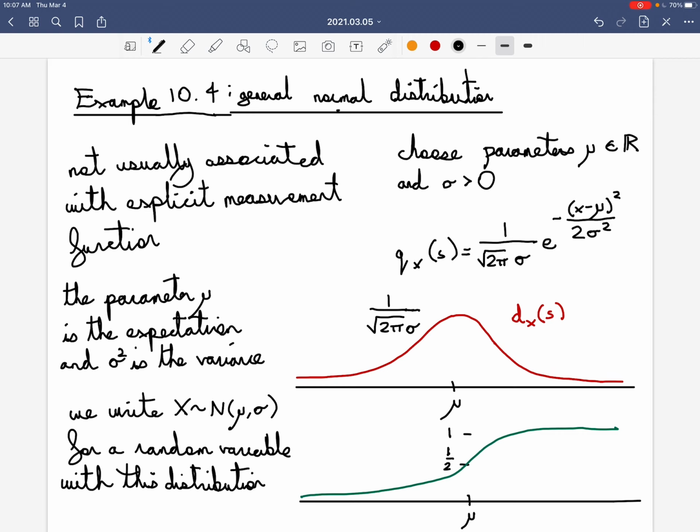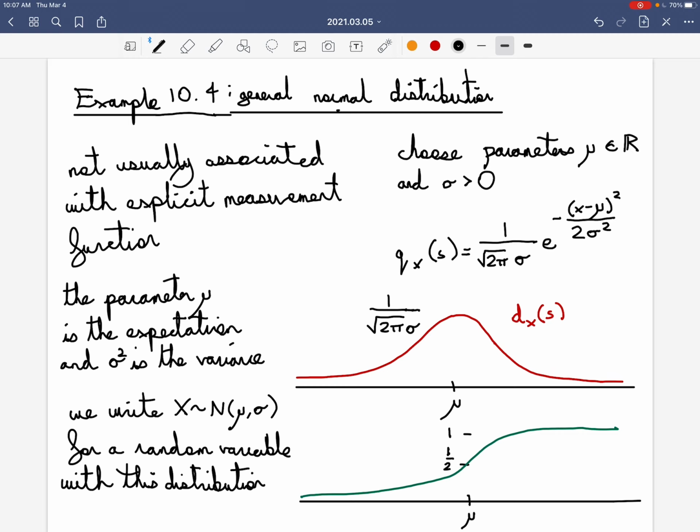And then you have to choose another parameter which needs to be positive, because the second parameter you choose, sigma, is the standard deviation, which is the square root of the variance. And variance is always positive, so standard deviation is always positive.